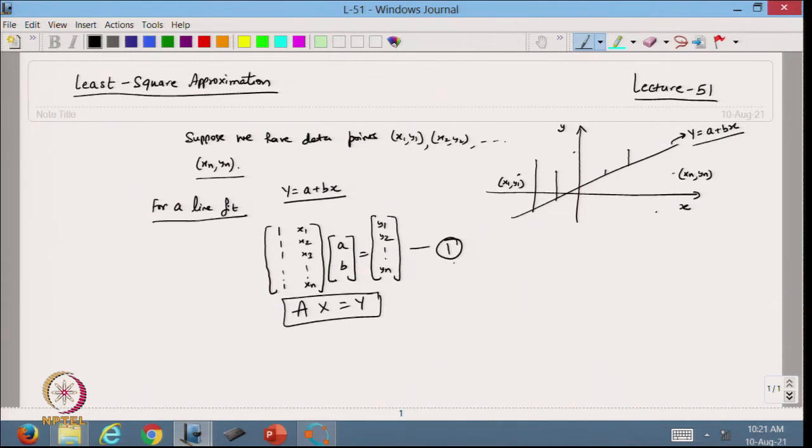We found that this system is inconsistent, and then we talked about the projection matrix.